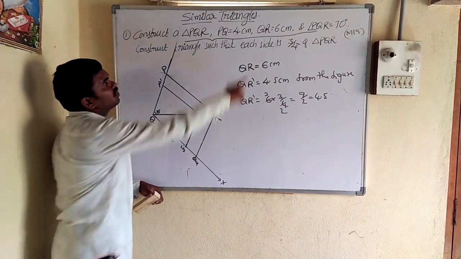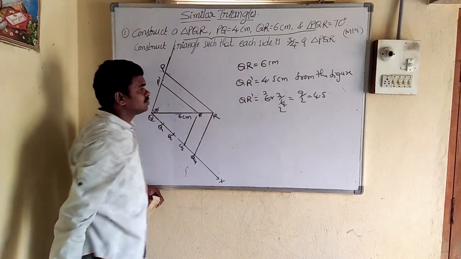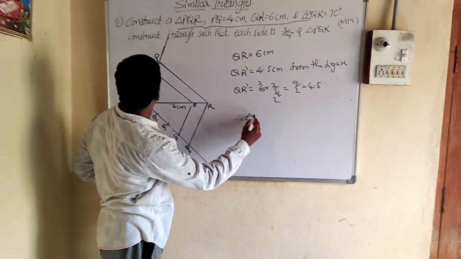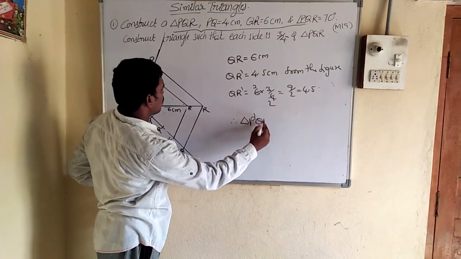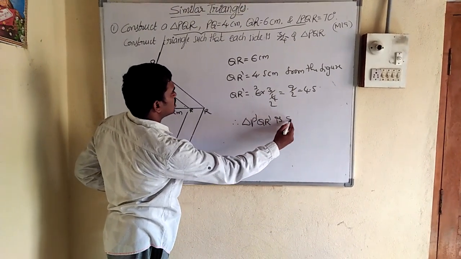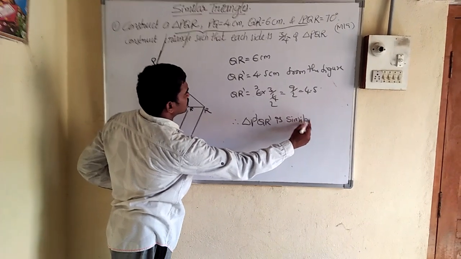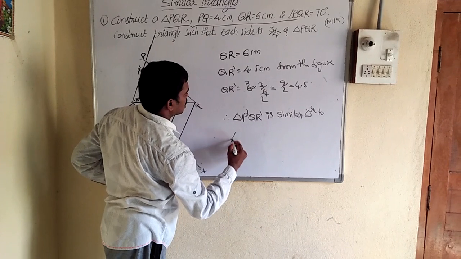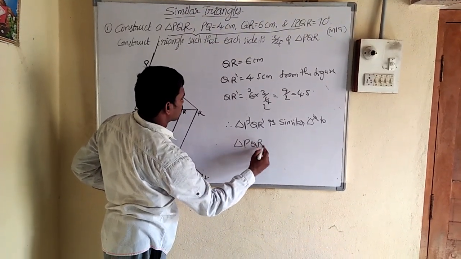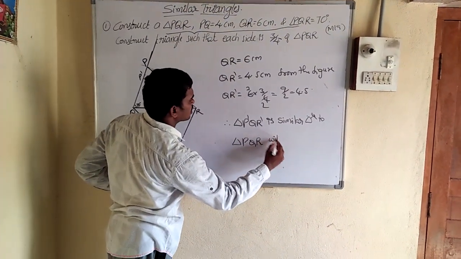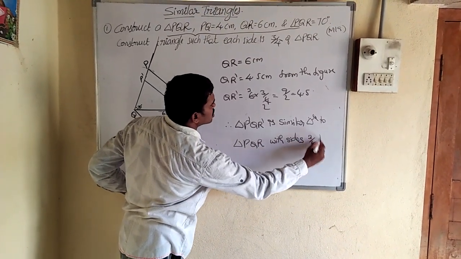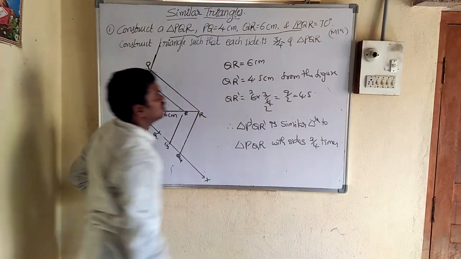According to the given 3 by 4 with 6, if both are the same, therefore triangle P dash QR dash is similar to triangle PQR with each side 3 by 4 times, which is the solution.